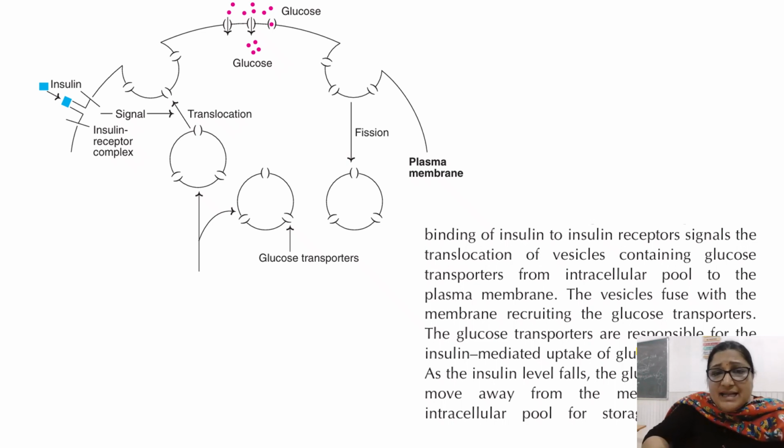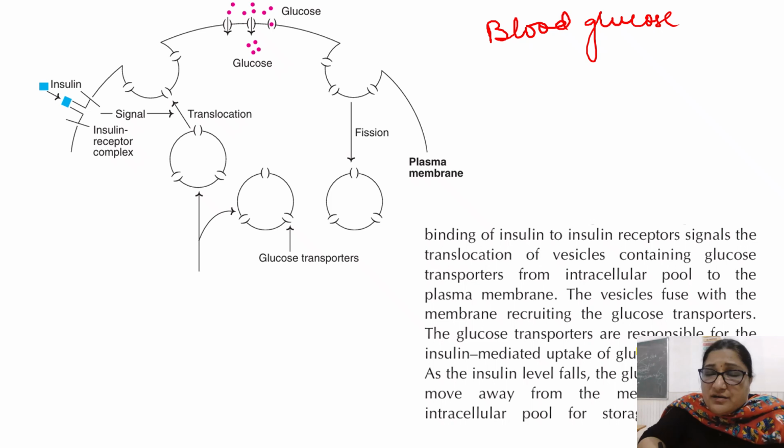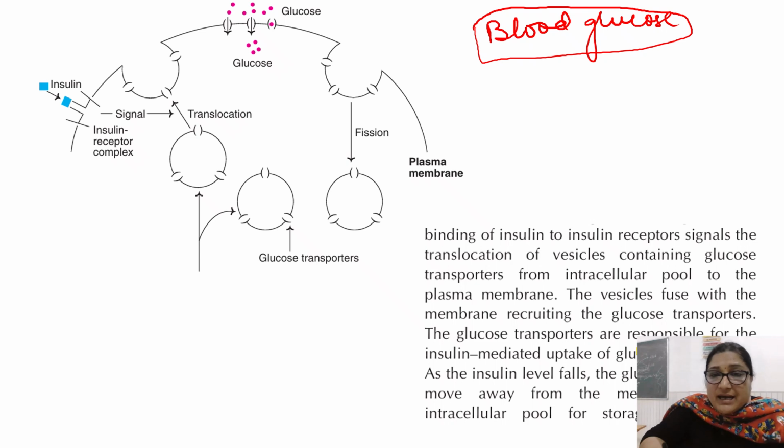Let's see the diagram, where blood glucose levels are normal after eating, digestion and absorption. Your glucose has come into the blood. Once glucose comes into the blood, a signal goes to the hypothalamus.